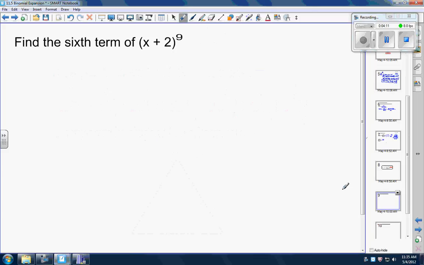Okay, so if I want you to find the 6th term of x plus 2 to the 9th, the triangle we just had didn't go all the way to the 9th row. You certainly don't want to expand all this stuff out. So here's what we're going to do. I know the first term is going to be an x to the 9th, 8th, 7, 6, 5, and 4.